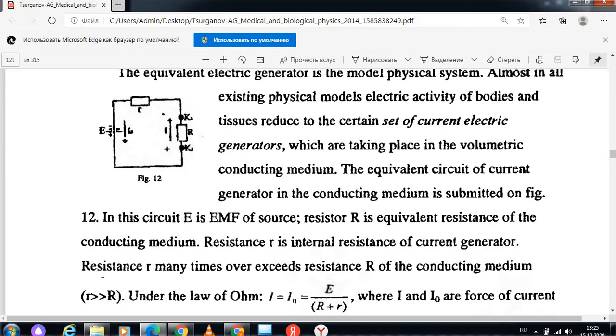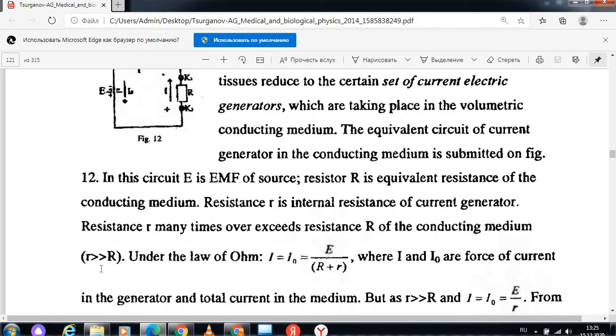Under Ohm's law, the current equals I0 in the system. I is the force of the current in the generator, and I0 is the total current in the medium.